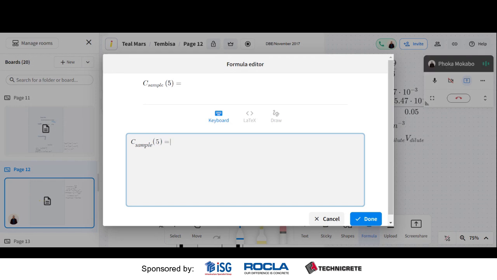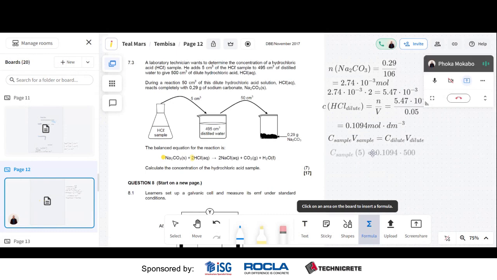Okay, and that entire thing is equal to the concentration of it being dilute, which is 0.1094 that we just found, multiplied by 500. And the reason why we're able to neglect the units here, or not to convert the units, is because both of these volume units we are going to keep in centimeters cubed form, and they cancel each other out. So no need to convert it. If you converted it though, that's also fine, but you could have left it as is.